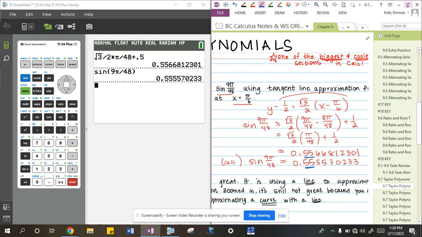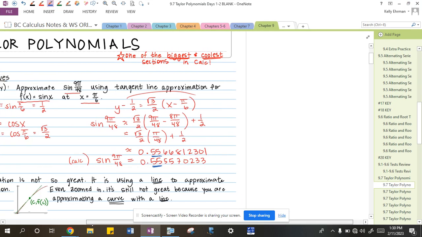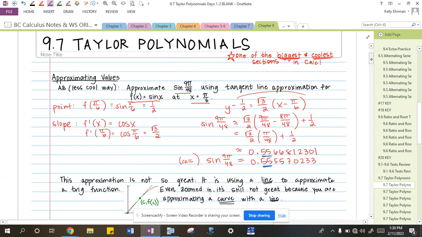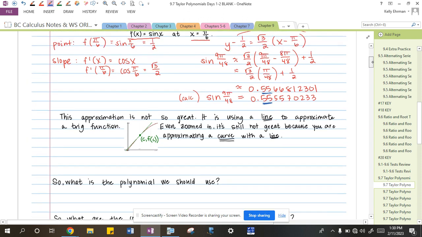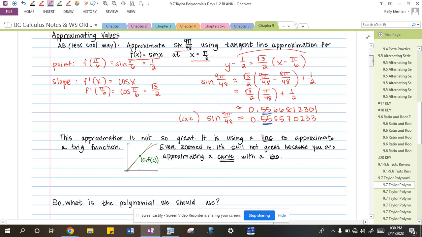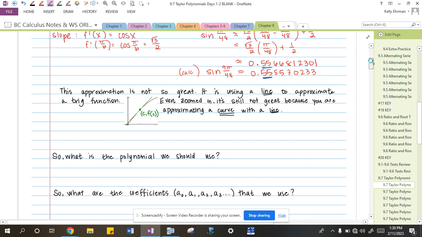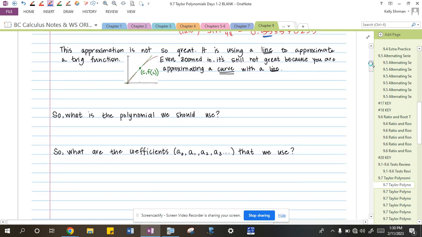So we kind of talked about accuracy with alternating series, and our amount of error or our remainder is going to come into play with these Taylor polynomials too. So if you think about what we're doing with this, we're using a line to approximate a function that we know has a curve to it.